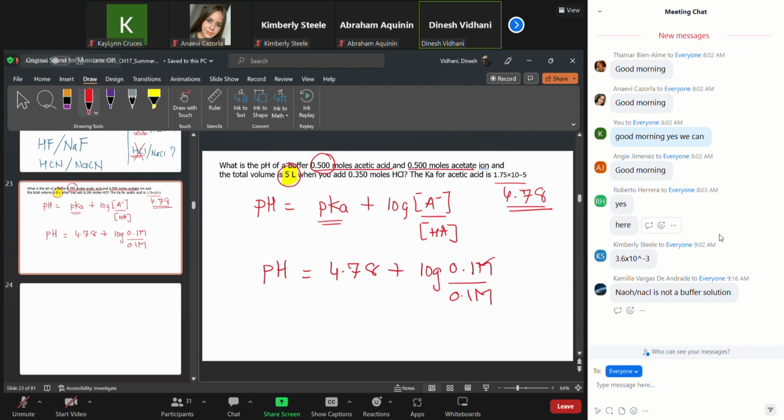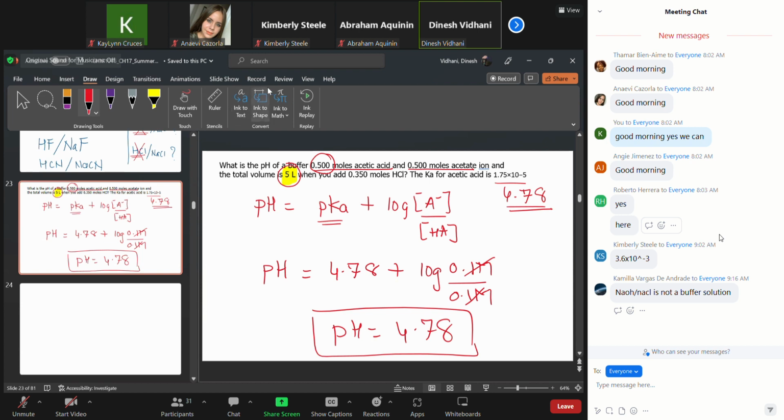So this turns out to be log of 1, which is 0. We got pH equals 4.78. This is our starting pH of the buffer. This is also the ideal pH of the buffer. The moment you see pH equals pKa, that's the ideal buffer, because you have equal amounts of weak acid and its salt. A perfect buffer to work with.